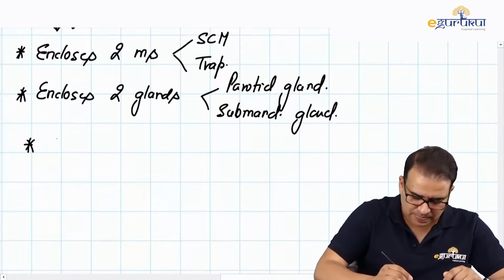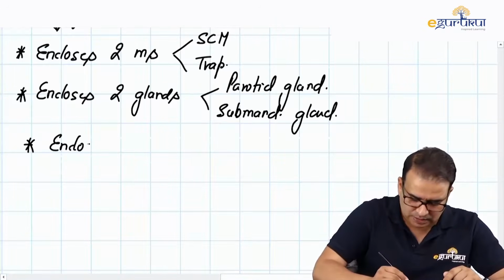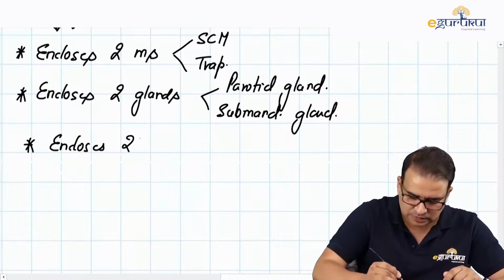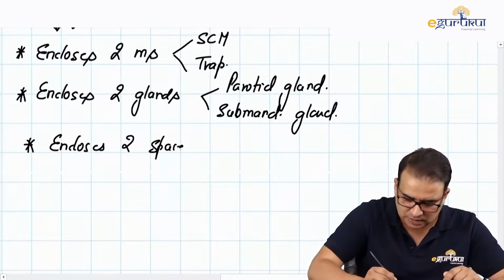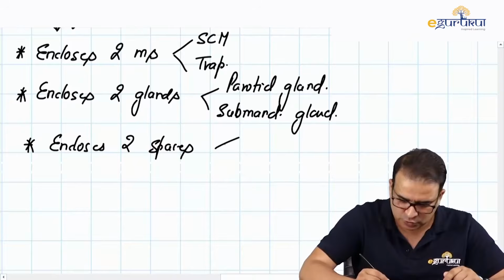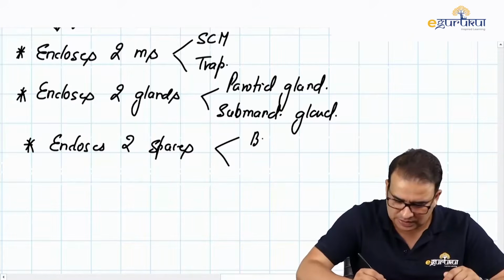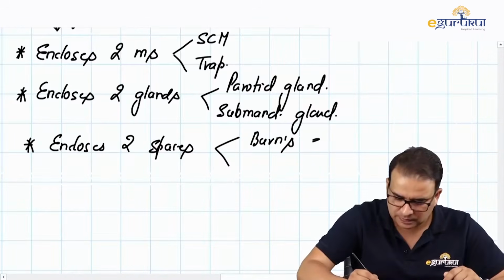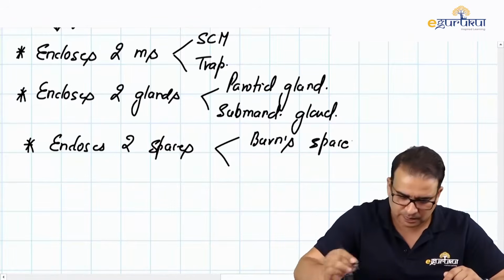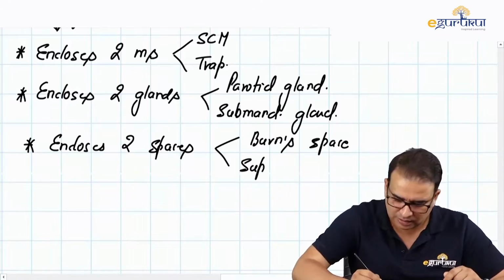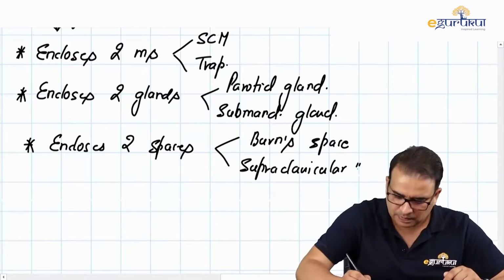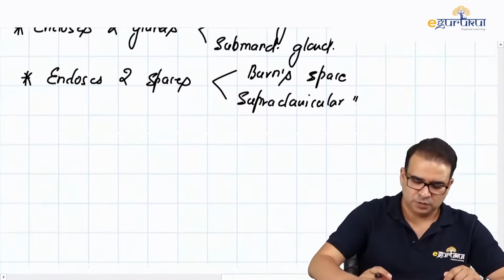Then we got the third one, that it encloses two spaces. We just discussed the two spaces. Which two spaces? We got Burns space, that is the suprasternal space, and also the supraclavicular space. Two spaces.